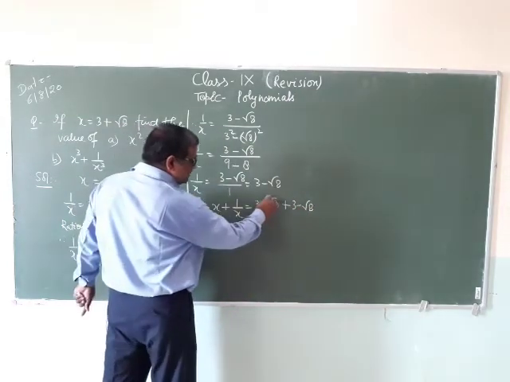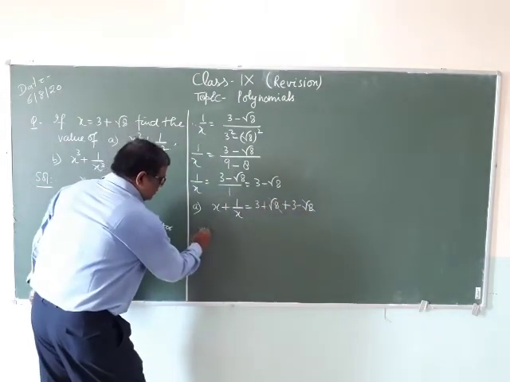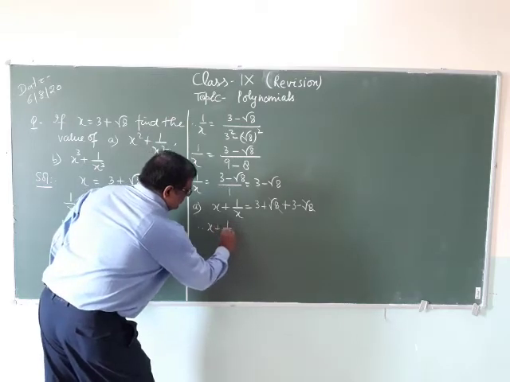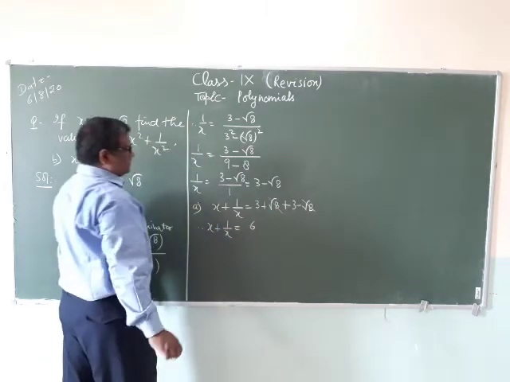Plus root 8 and minus root 8 cancel out. Therefore x plus 1 upon x is equal to 3 and 3, that is 6.